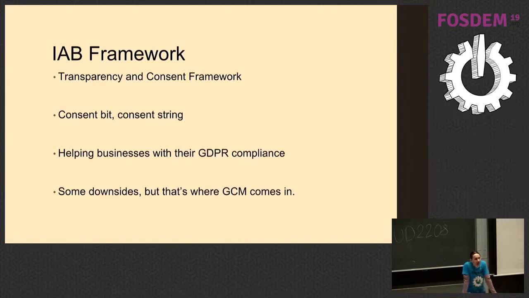They're working on a common consent cookie bit and cookie string that would be transferable from website to website. That would be a common way to interpret what consent means when you click I agree or I don't give consent. What does that mean in each site?